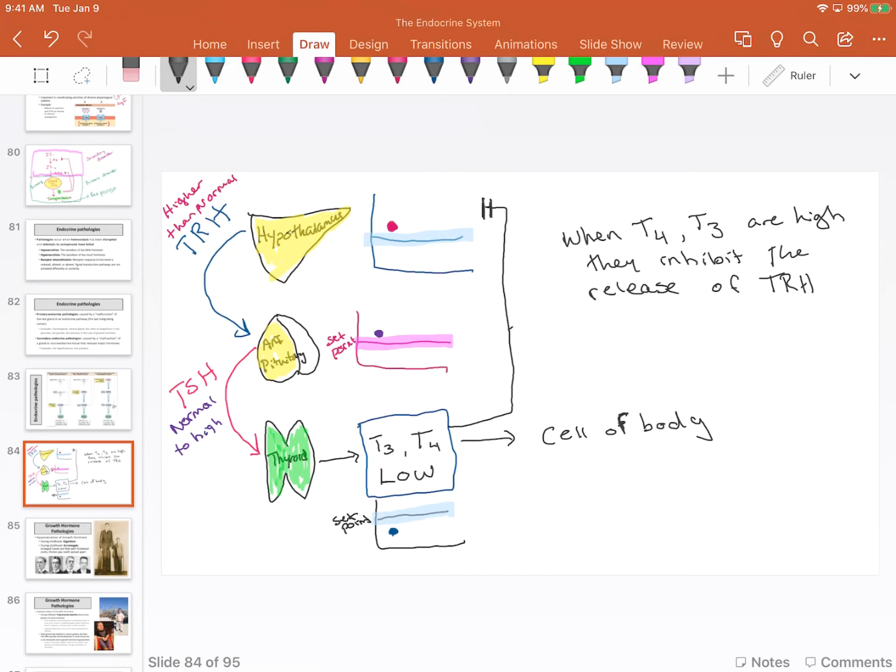But in the absence of T4, T3, or with less of them, the inhibition is removed. This is why it's so important to understand these feedback processes and understand them well.